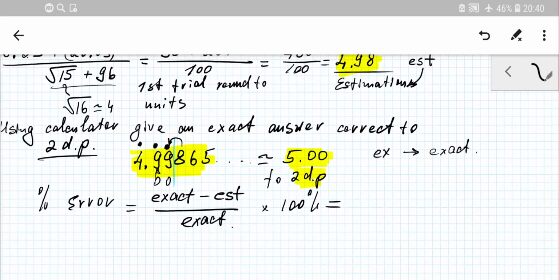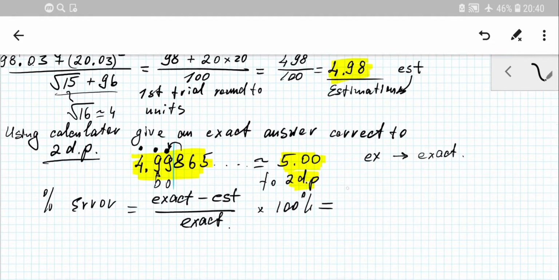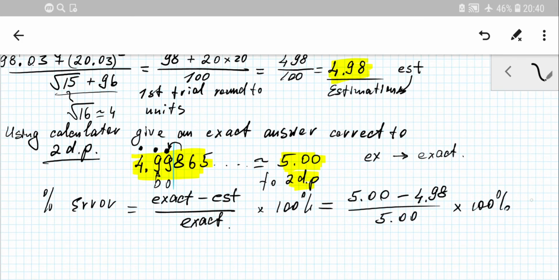So let's calculate in our case, now using the calculator. The exact value corrected to 2 decimal places is 500, minus 4.98, and we divide by the exact value, which is 500. The result we multiply by 100%. Okay, so let's calculate the percentage error and see how much exactly we got as the error.